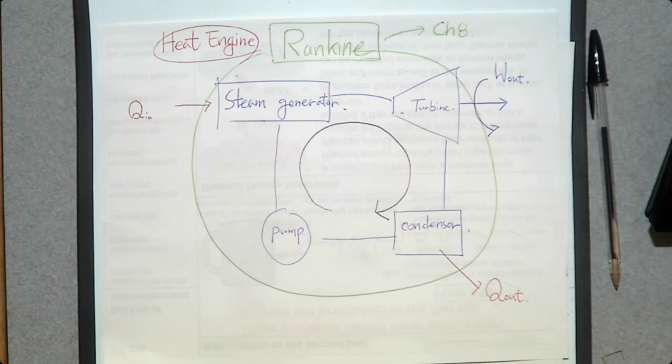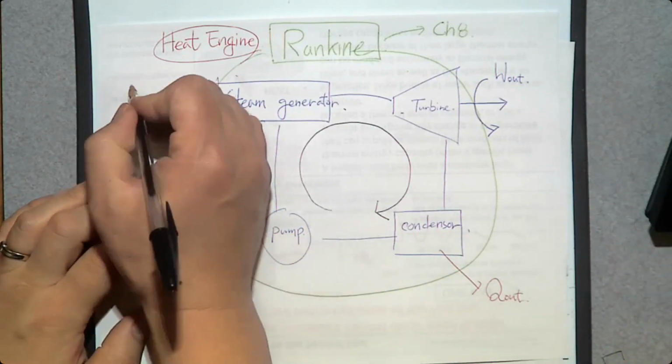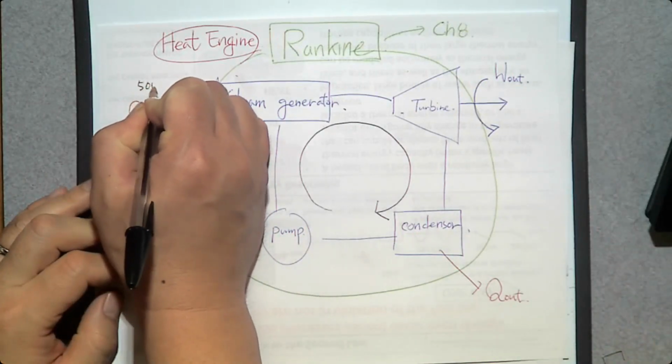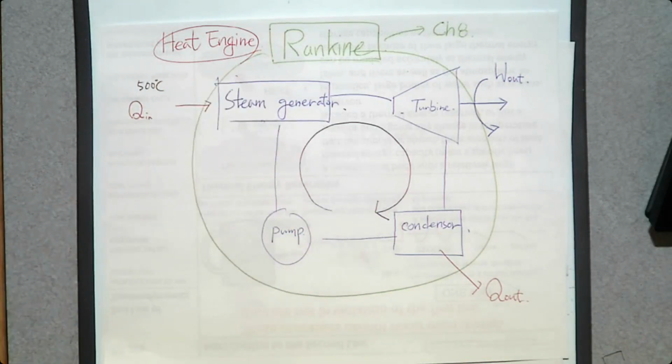Okay? Then, to produce electricity, what about if we don't have enough fuel to produce heat? Maybe at the beginning, the temperature of the heat is going to be 500 degrees Celsius, which is high enough to produce steam.